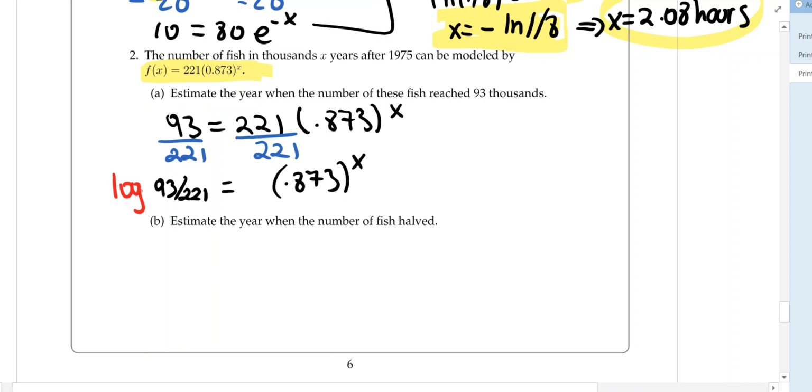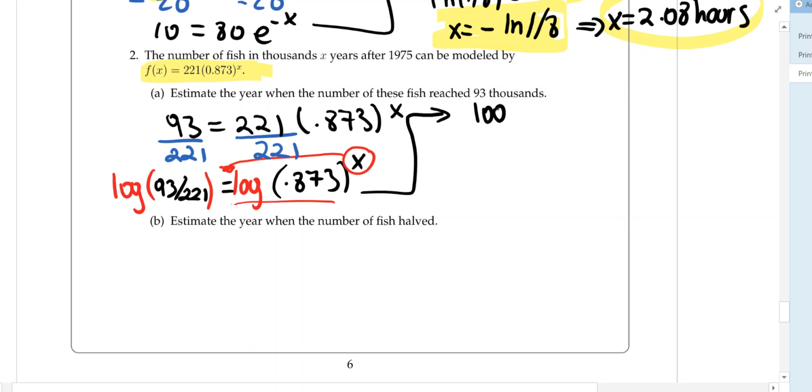So it's going to turn into log of this equals log of that. So I'm doing the same thing to both sides. Because when I do logs, I'm going to use the rule that allows the exponent to come down in front. So therefore, we'll have log of 93 divided by 221 equals X times log of 0.873.